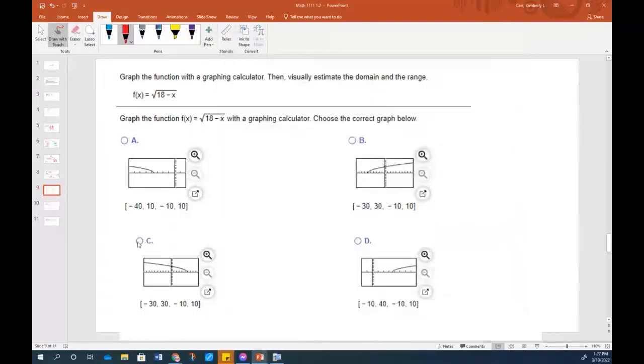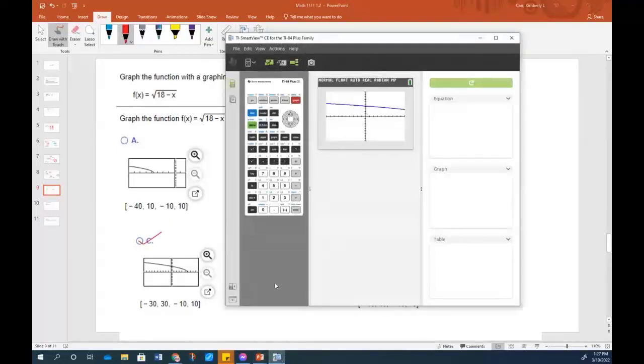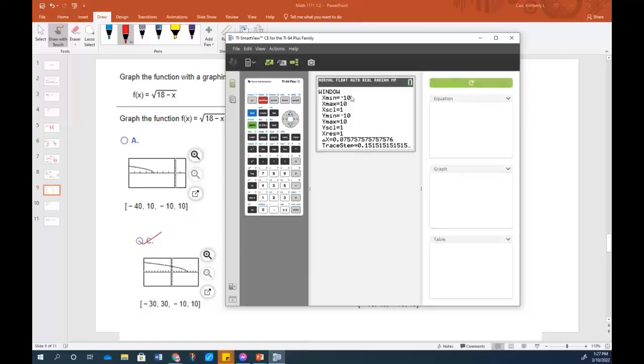But I am still going to go back and show you how to adjust that window. So if you want yours to look like theirs so you can double check, what you do is right up here, hit window, and then these 4 numbers right here, minimum, maximum, minimum, and maximum, that's what they're giving you.